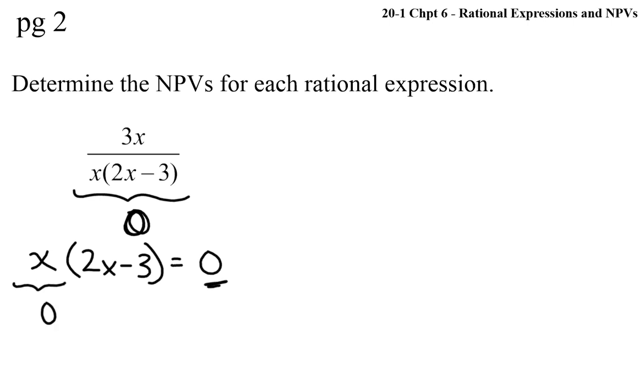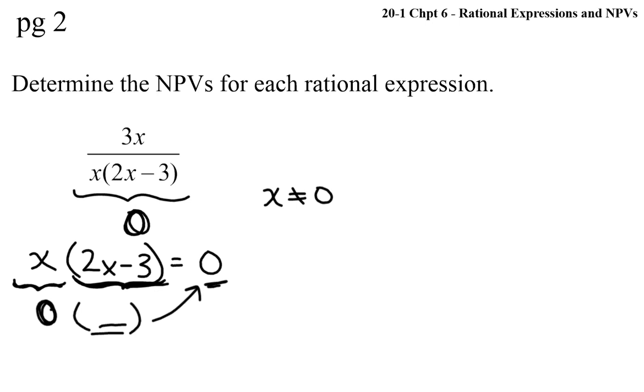Well, if I just started, x is equal to 0, because what I have here are two factors. We have an x times a 2x minus 3. So if I had x equal to 0, I would have 0 times whatever this value is. And 0 times anything is 0. So we know that x cannot equal 0.